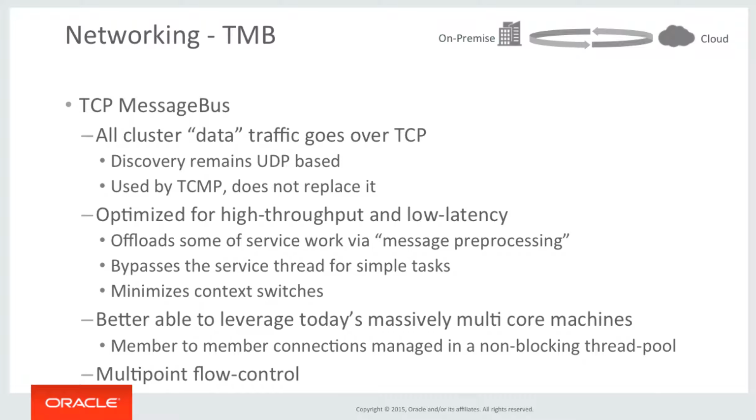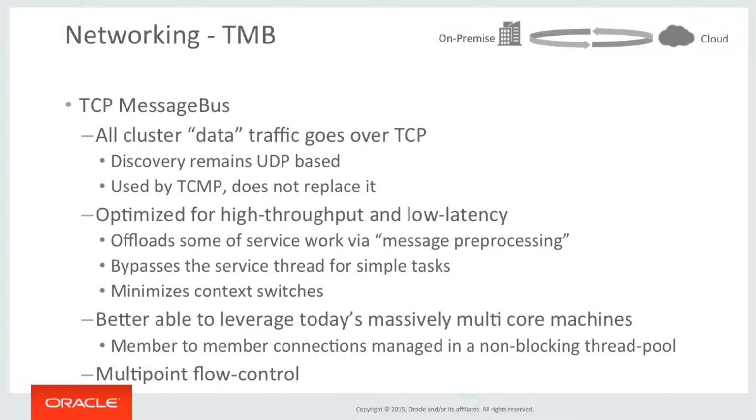With TMB, or with any of our message buses, and this would apply to the Exalogic InfiniBus as well, we're able to take a multi-point message and send it aggressively to the members that we can, and slower to the members that we can't. It means we're not going to continue to throw packets at a network which doesn't want them because it's backlogged. We'll actually throttle ourselves more efficiently than we would have previously.